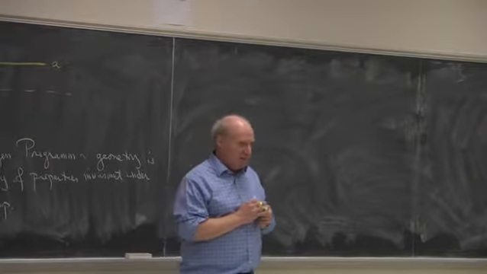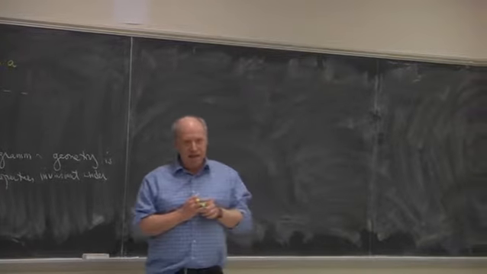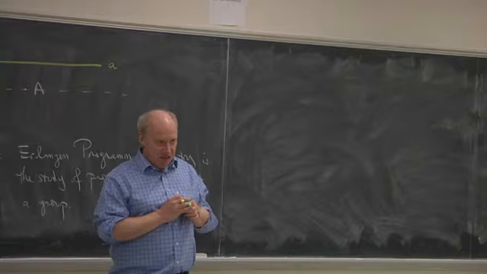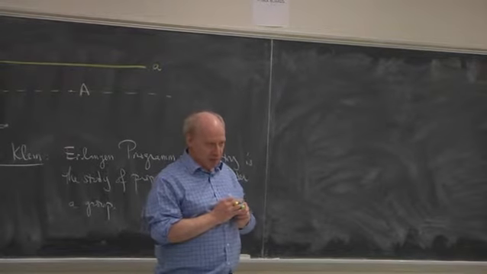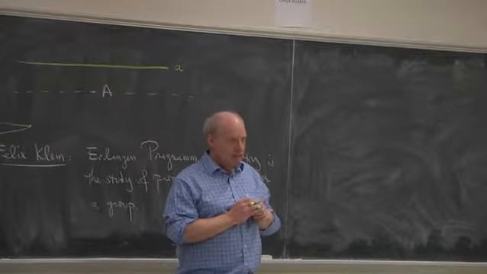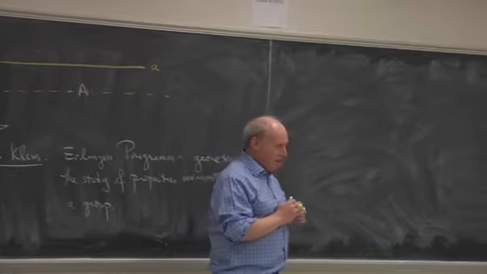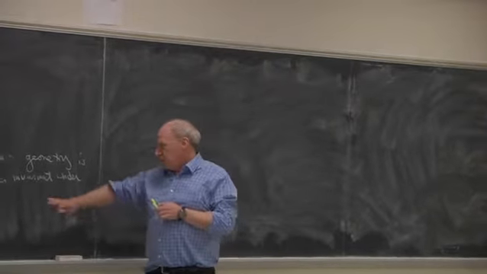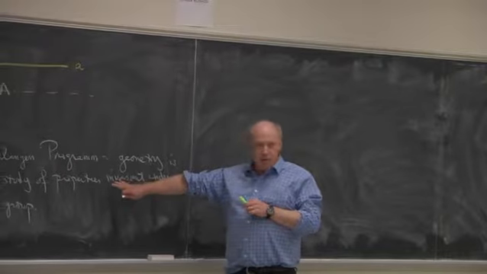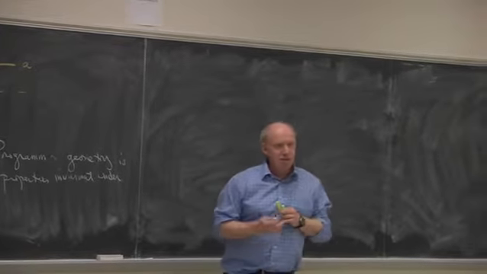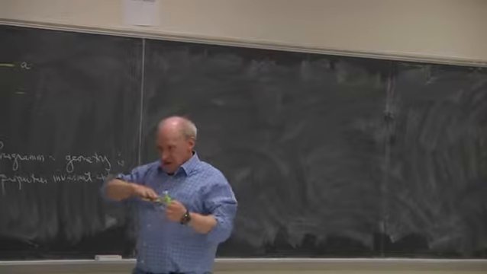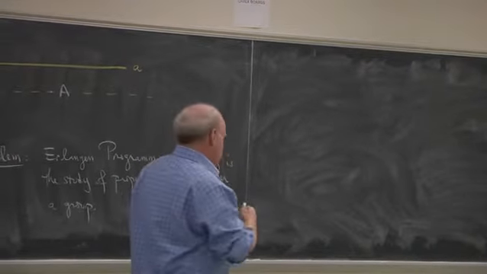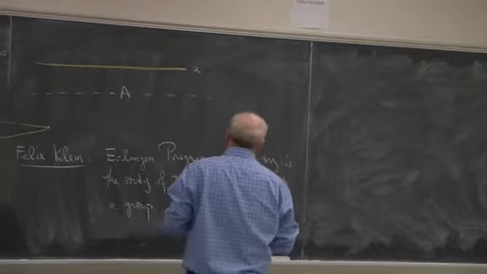And you probably discussed concepts like length and angle and area, congruence of triangles, which are invariant under those kinds of symmetries. Right? So length, angle, area, those are all concepts in Euclidean geometry. And from this point of view, they are in Euclidean geometry because there's a group called the Euclidean group, and those are invariants of that group. Those are properties that don't change when I apply that group.